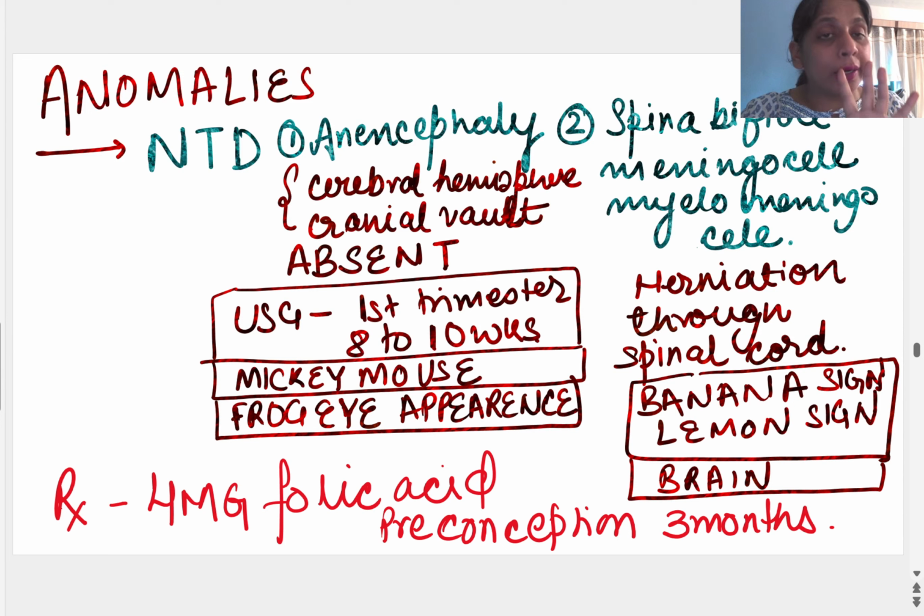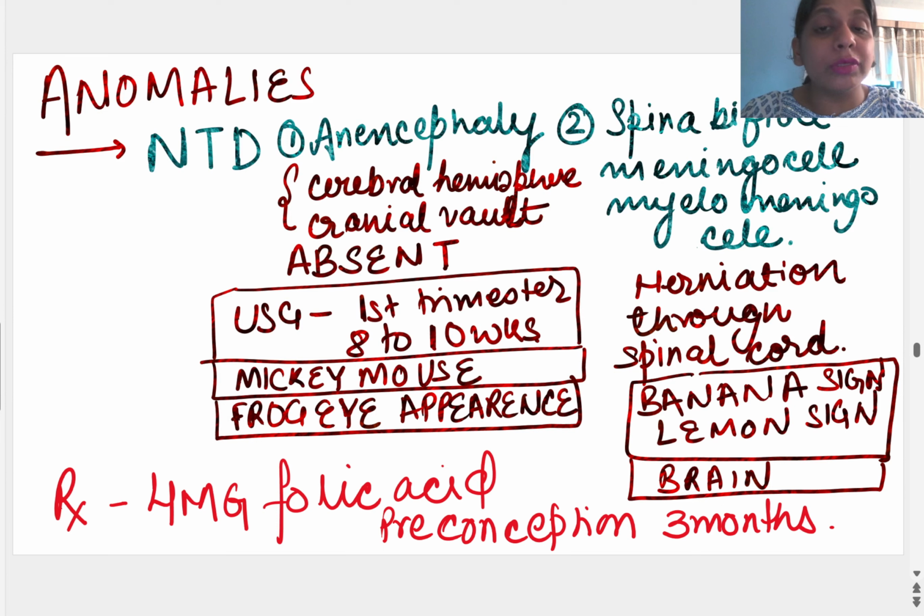So on ultrasound we can diagnose anencephaly in the first trimester itself, because the cranial bone is absent, so the round contour of the head will not be there.